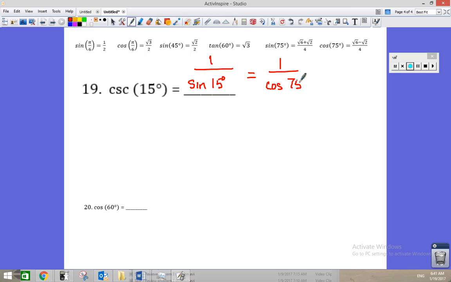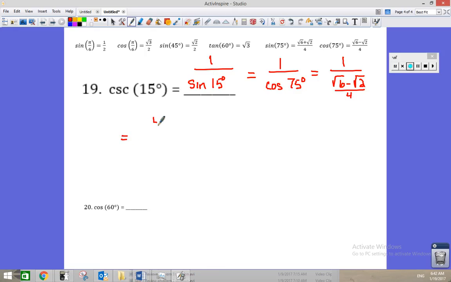That helps me because sine and cosine are cofunctions, and 15 degrees and 75 degrees are complementary because they add up to 90. So I need to take the reciprocal of the square root of 6 minus the square root of 2 over 4.